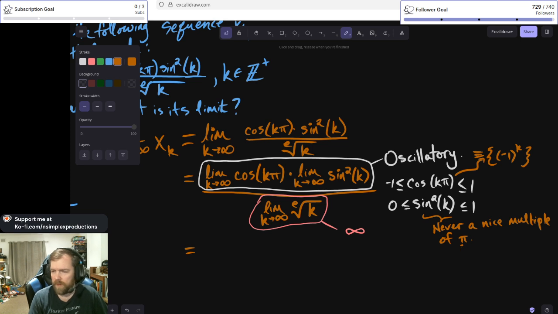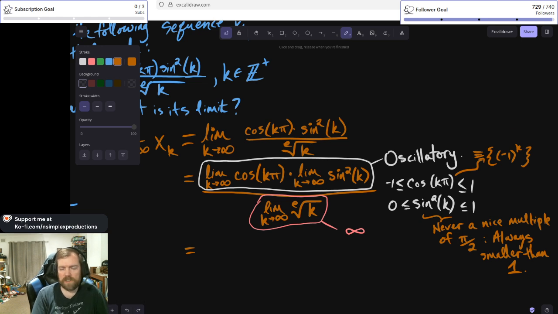Oh, you're right. Pi over 2 would get us our 1 value. So this is always smaller than 1 every single time. And again, this one is just equivalent to the oscillation -1 raised to the k.